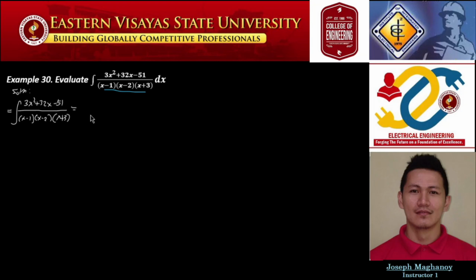We rewrite it into partial fractions: A over x minus 1 plus B over x minus 2 plus C over x plus 3. Okay, so we need to simplify the equation with respect to its LCD.